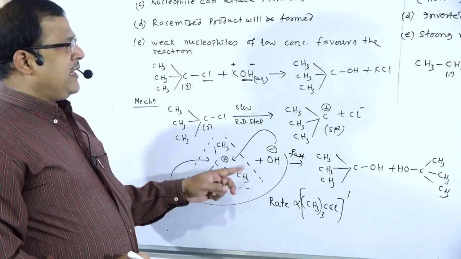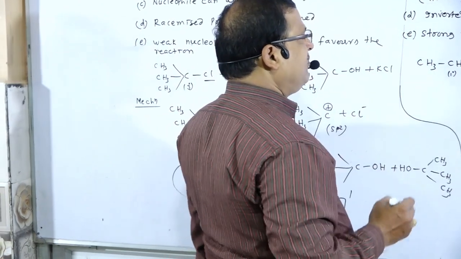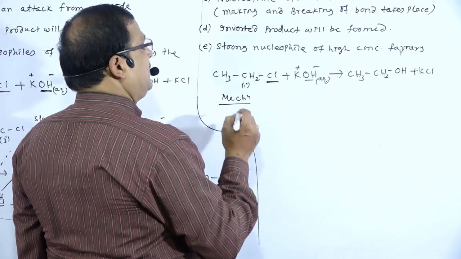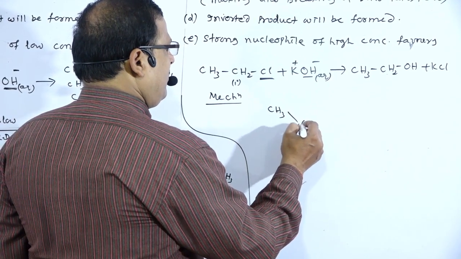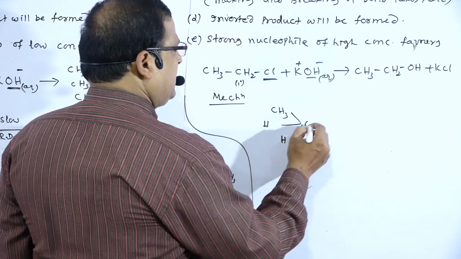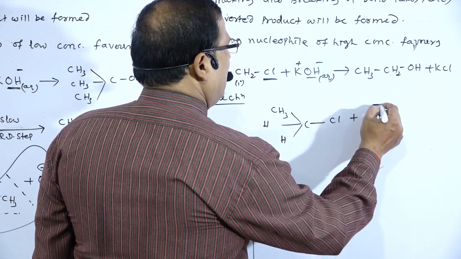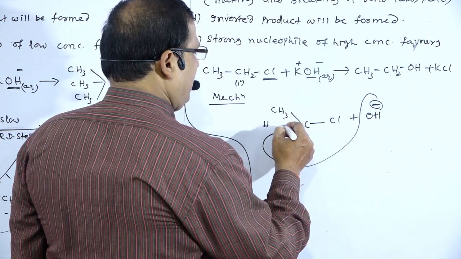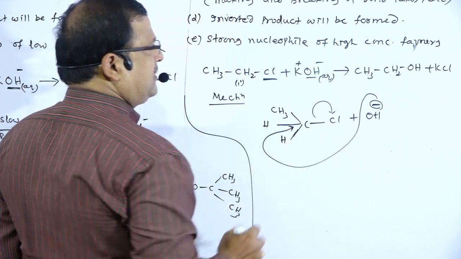reaction. Next, we will compare the mechanism of SN2, that is CH3CHCl. The nucleophile OH minus will attack from the back side and this bond will break.